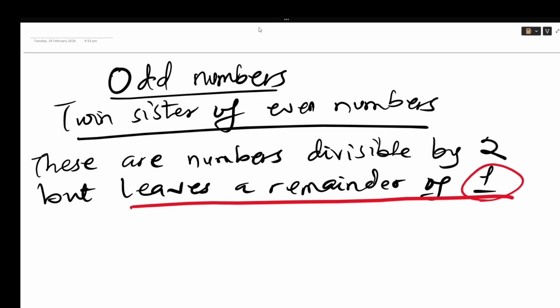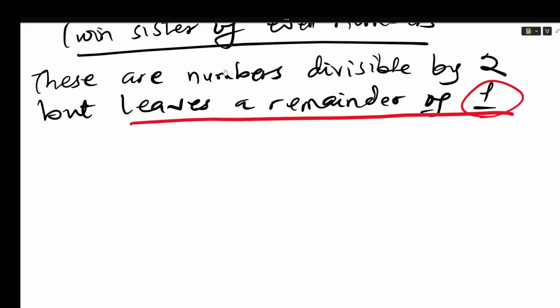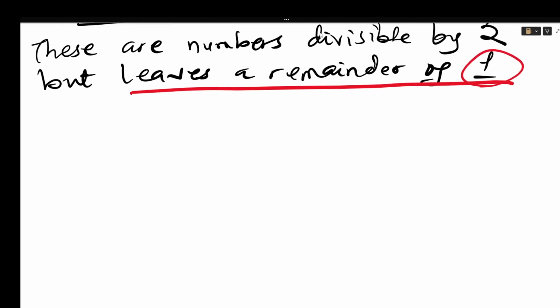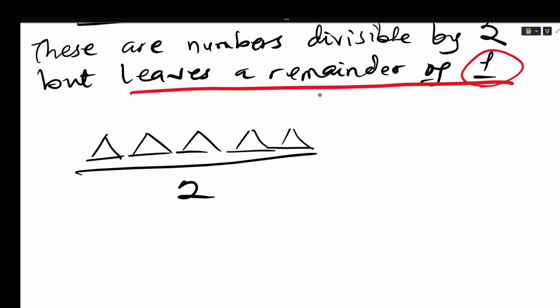Let's take a look at this number. Let's use our previous example. I believe we used 5. So 5 triangles divided by 2. Now we are going to group them in twos. I group my first 2.